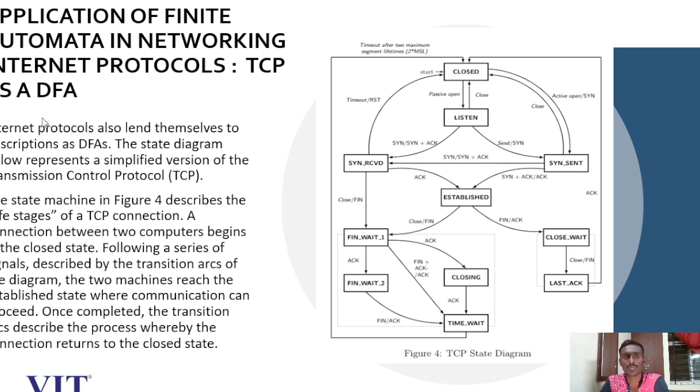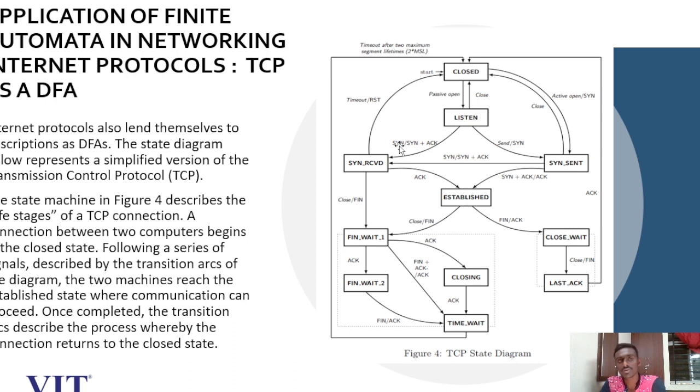The state diagram below represents a simplified version of the TCP, the Transmission Control Protocol. The state machine describes the life stages of a TCP connection. A connection between two computers begins in the closed state following a series of signals described by the transition arcs.